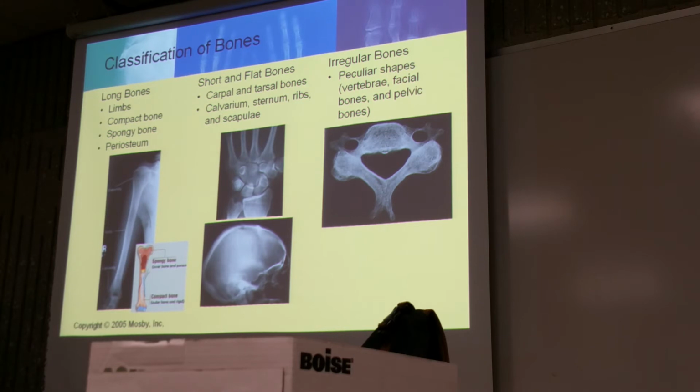Then your sternum, and then your ribs, and then scapula. That's your shoulder blade, right? Shoulder blade. So the scapula is a very interesting anatomy. It's one of the most difficult type of anatomy to take an x-ray of. It's not simply front to back or side to side.